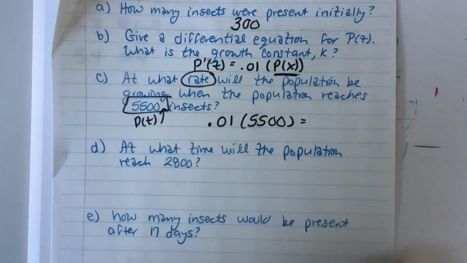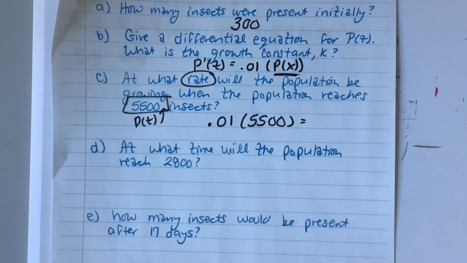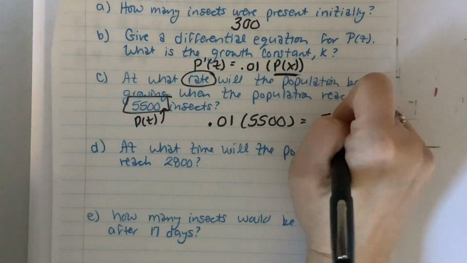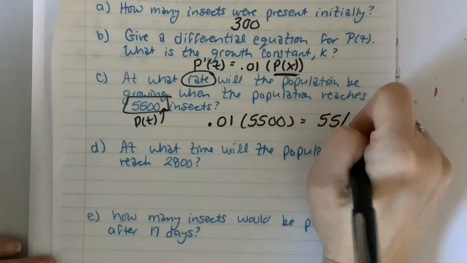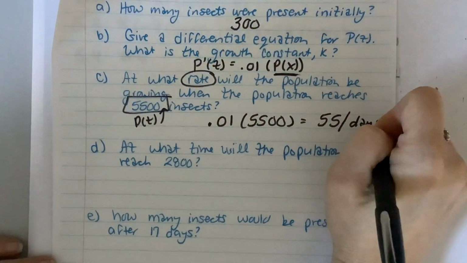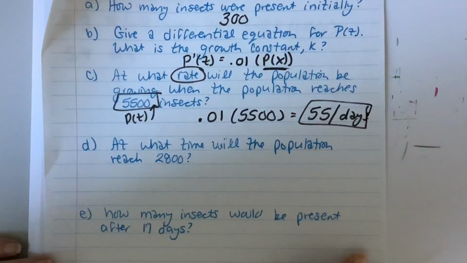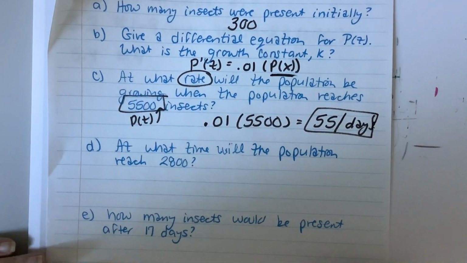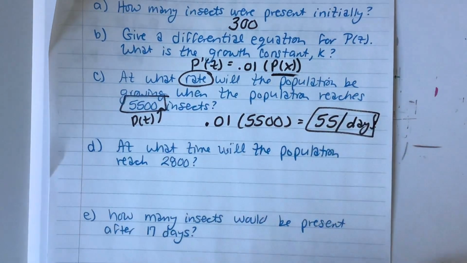You just multiply the two. And when you multiply them, you would have 55 insects per day, because it's per unit of time. So when there's 5,500, every day you can expect 55 new insects.